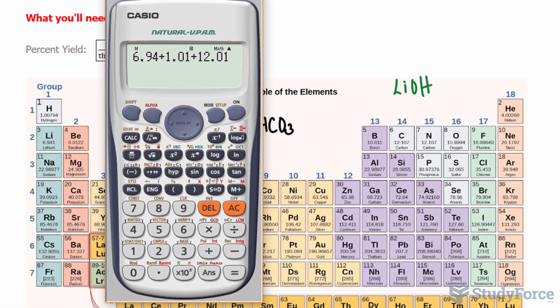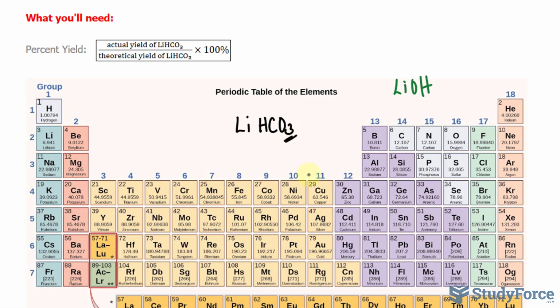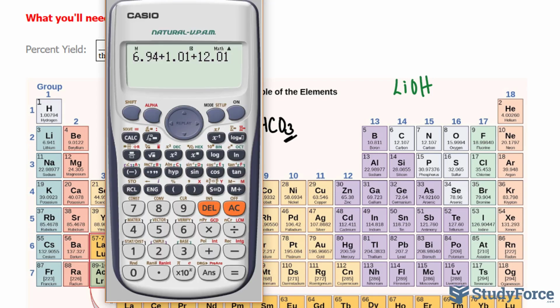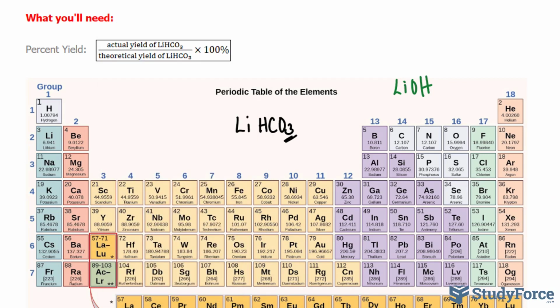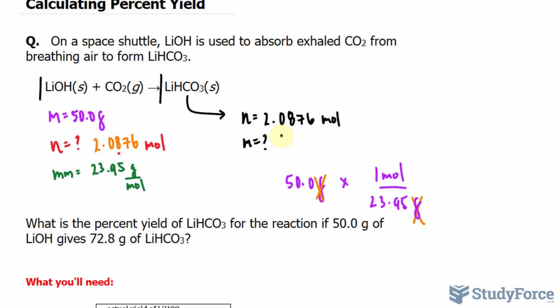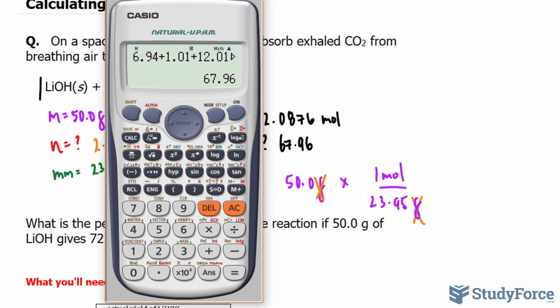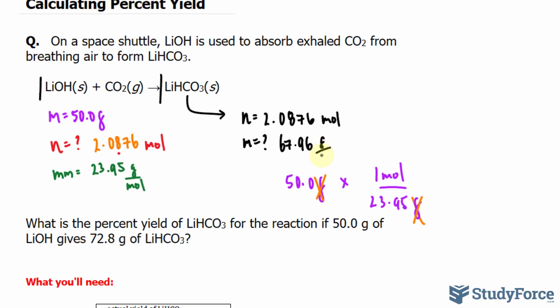And for oxygen, we have 3 atoms of oxygen in this molecule. So I'll write down plus 3 times 16. And we end up with a molar mass of 67.96 grams per mole.